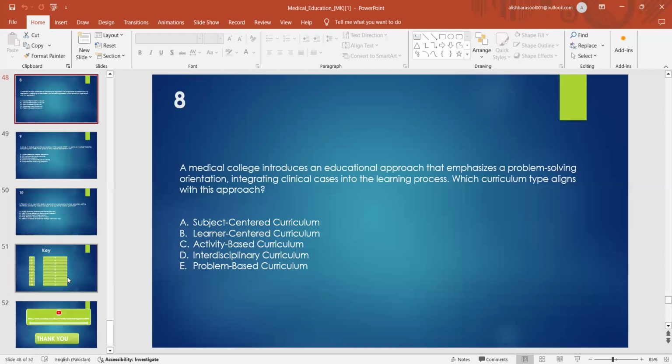Which curriculum type aligns with this approach? A, subject-centered, B, learner, C, activity, D, interdisciplinary, and E, problem-based. I told that it's E, problem-based. Where you have shown it in your presentation?